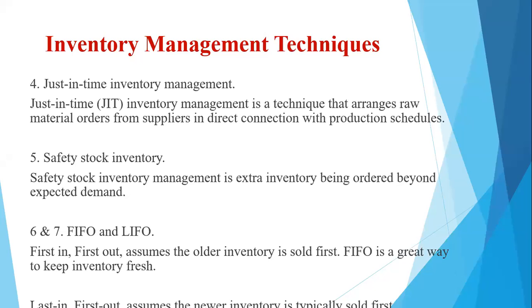So if the production department is demanding, say, 300 units, under the FIFO method, from the first batch you will be issuing the 200 units at a rate of 4.8 per unit, and from the second batch, you will be issuing 100 units at a rate of 5 rupees per unit.